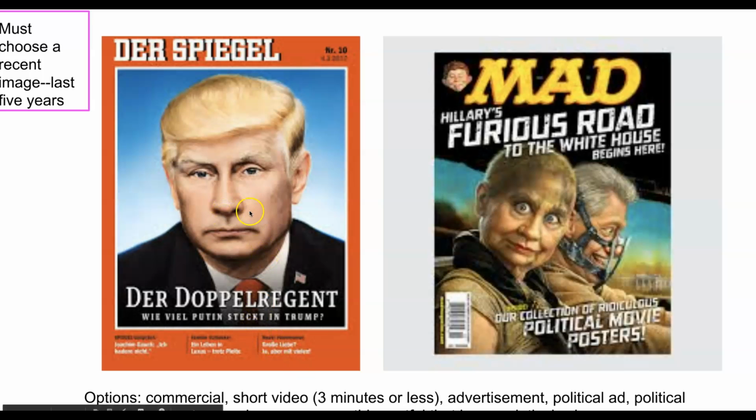So if I analyze this, I'm not expressing my own opinion about Putin or Trump. I'm merely analyzing what is the message.